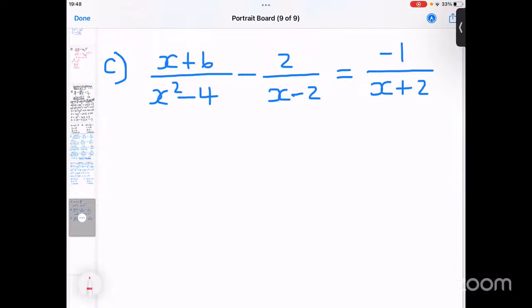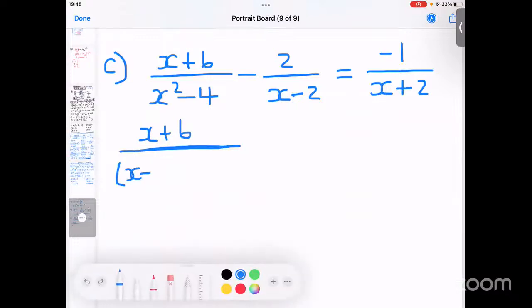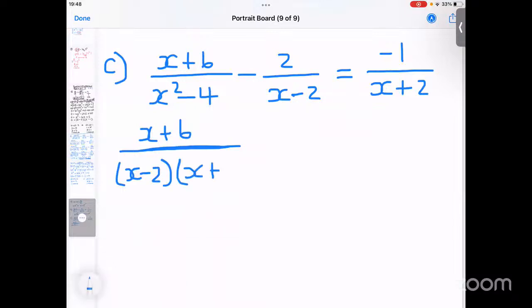Maybe very quickly, let me work it out so that I can also see. So we've got x plus 6 over, that is the difference between two squares. So you have x minus that, you have x plus that, minus 2 divided by x minus that.